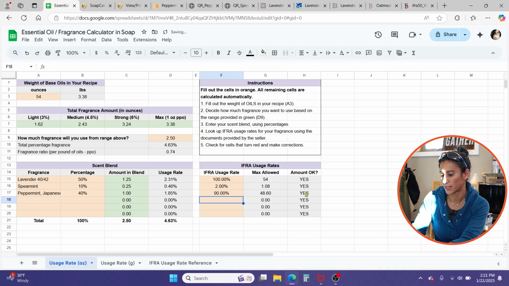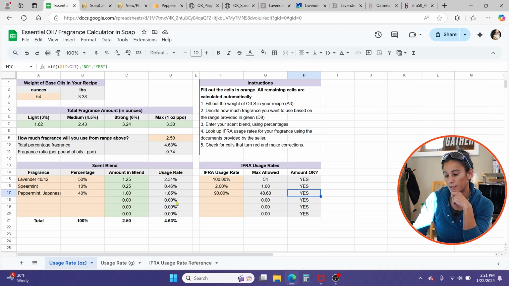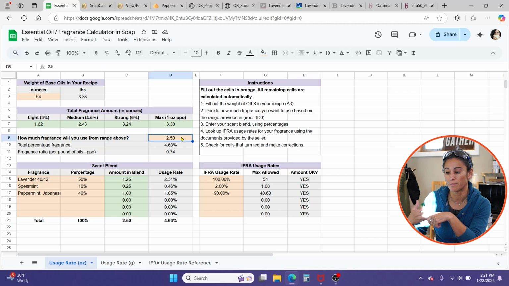And now you can see that it is compliant. So this blend right here is going to be compliant as far as IFRA is concerned. And it's also compliant as far as the maximum amount of fragrance oil or essential oil that you're using in your entire batch of soap. I can't really emphasize this enough because I feel like this is where a lot of confusion happens.